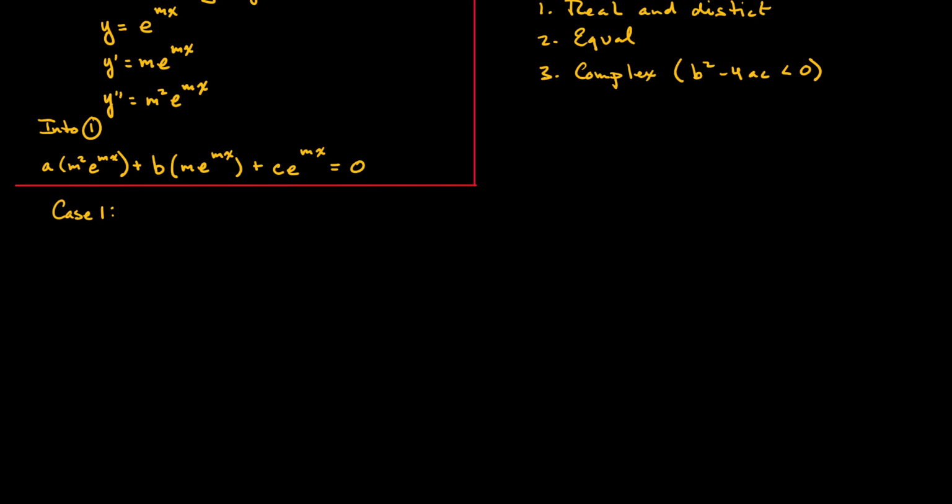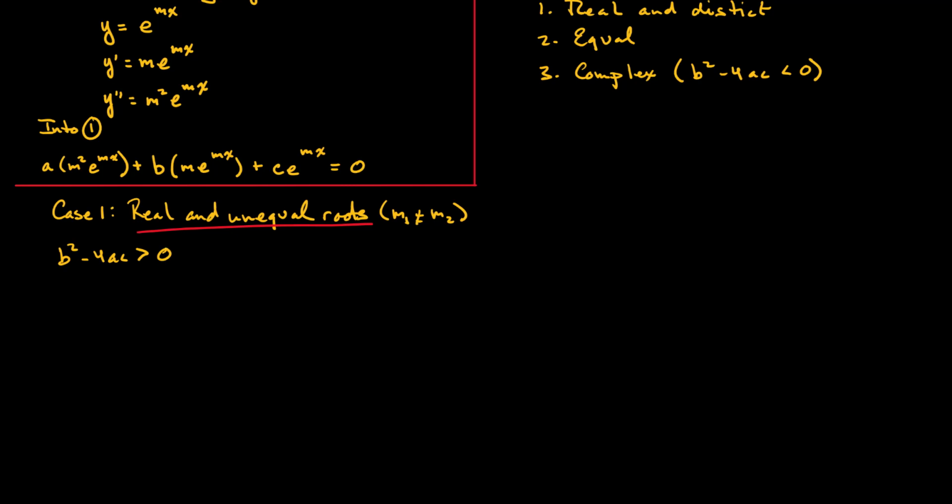So let's look at the first case. That is, we have real and unequal roots. That is, m1 is not equal to m2. And this occurs when b squared minus 4ac is greater than 0.